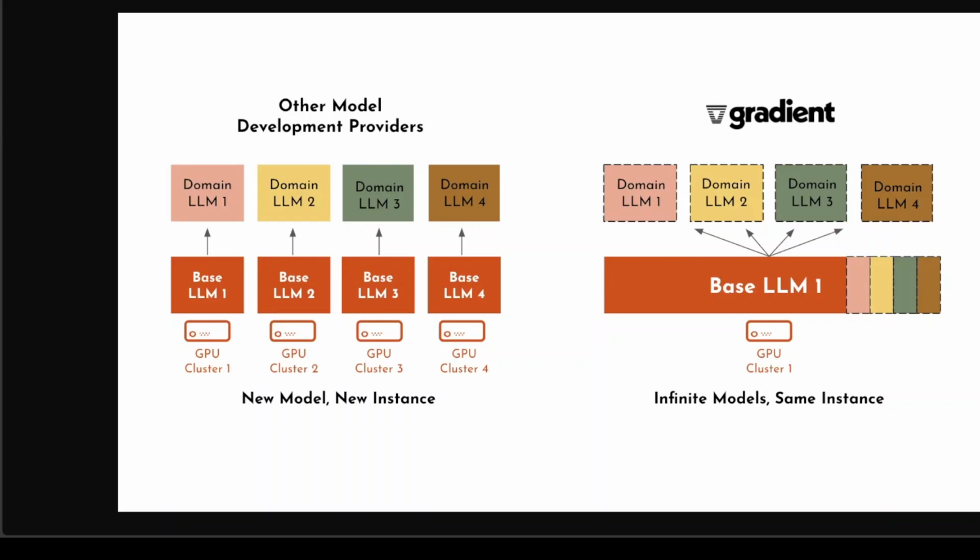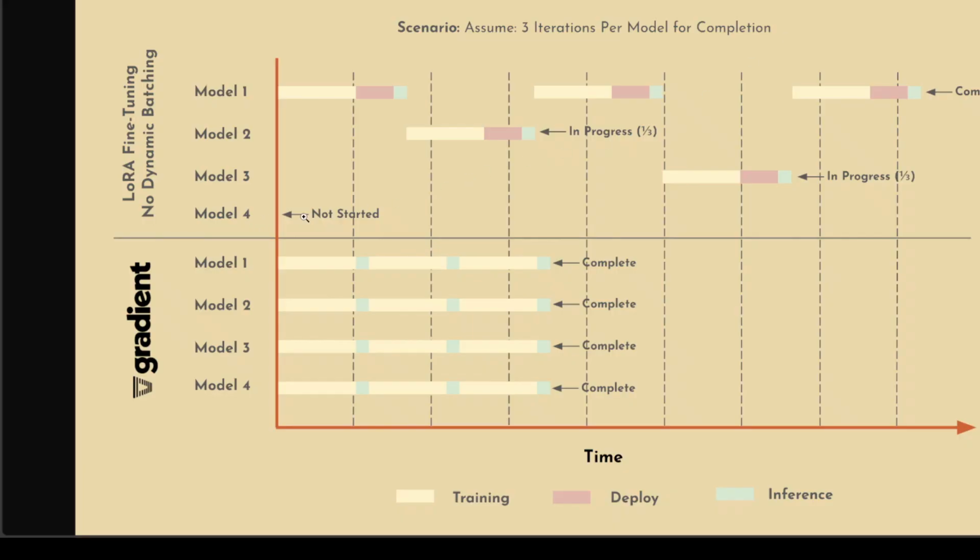Now, let me show you one of the finest things I really love about Gradient. This scenario depicts one of its most valuable features. With Gradient, inference is done on demand and can support thousands of models running inference on a single cluster, as long as it is using a LoRA or low rank adaptation fine-tuned model.